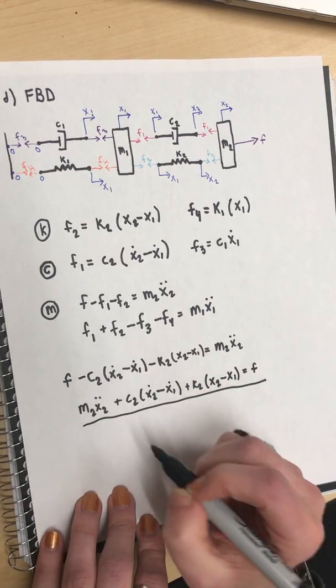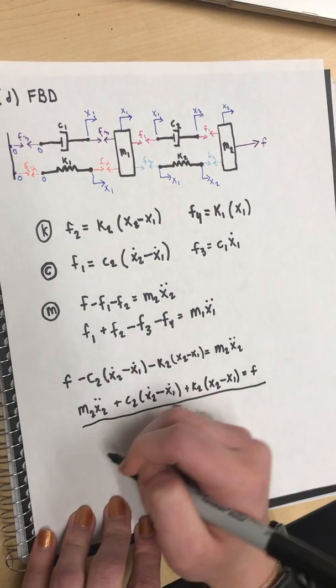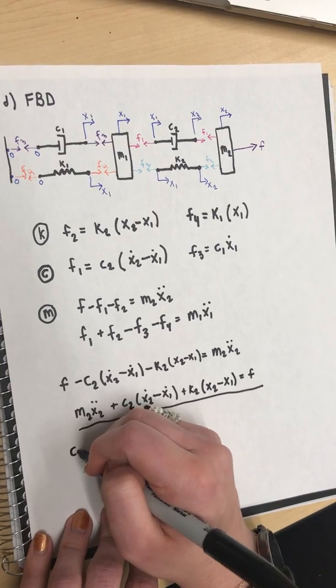Now we'll use this to get our second equation of motion. So we're going to plug in for F1 first.